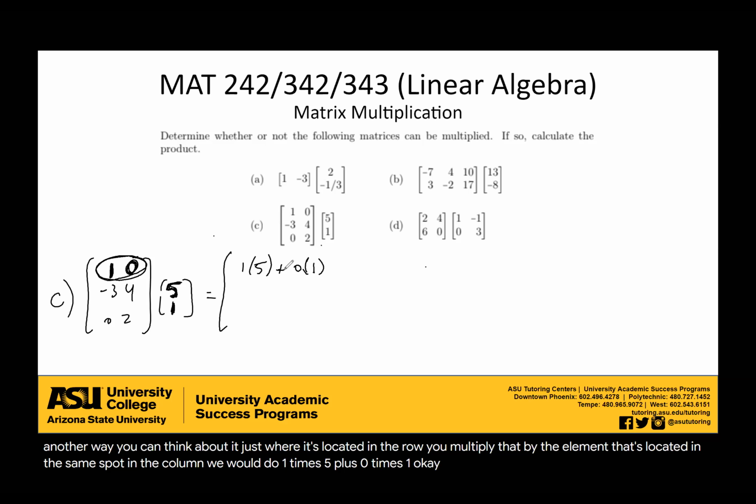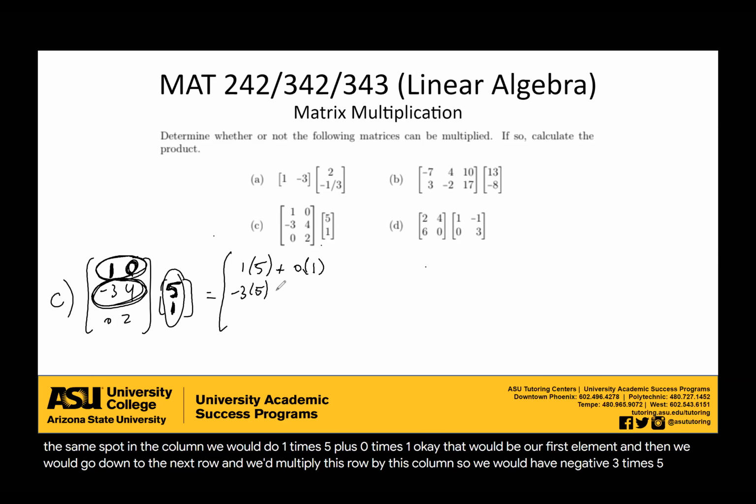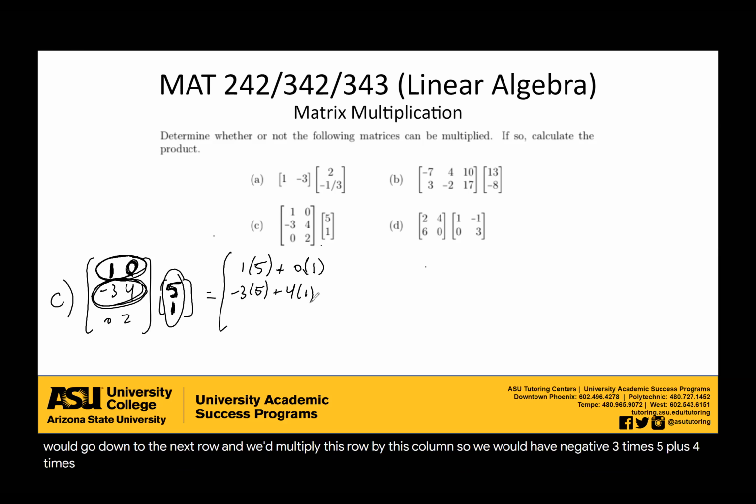Okay, that would be our first element. And then we would go down to the next row, and we'd multiply this row by this column. So we would have -3 times 5 plus 4 times 1. And then we go down to our next row and our column. So we would have 0 times 5 plus 2 times 1.